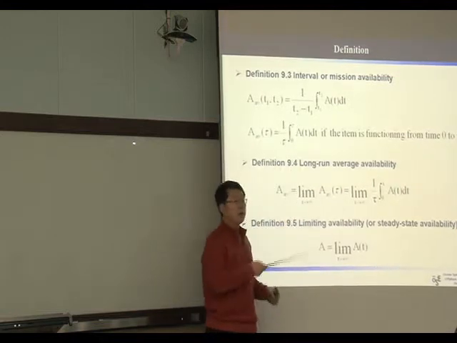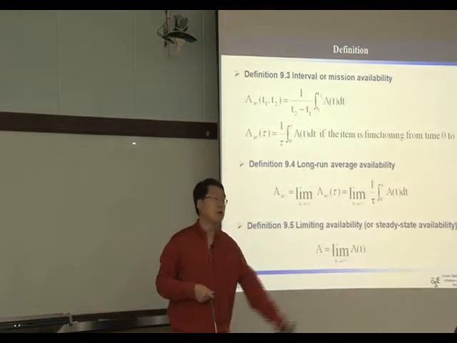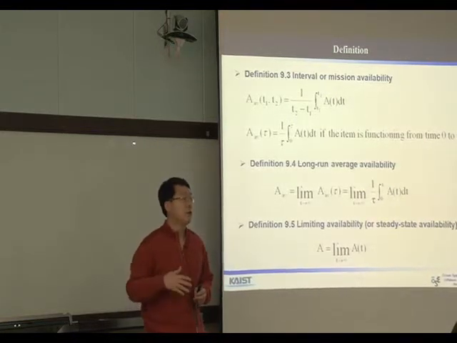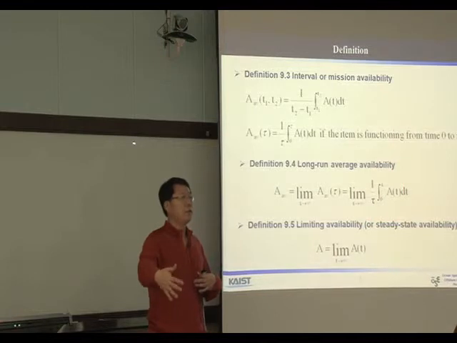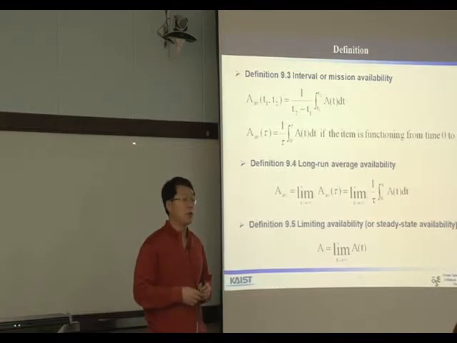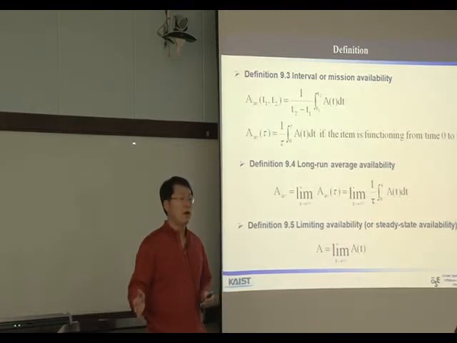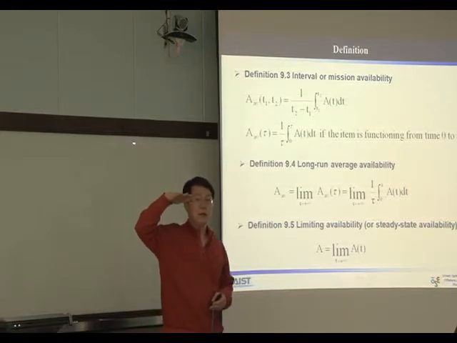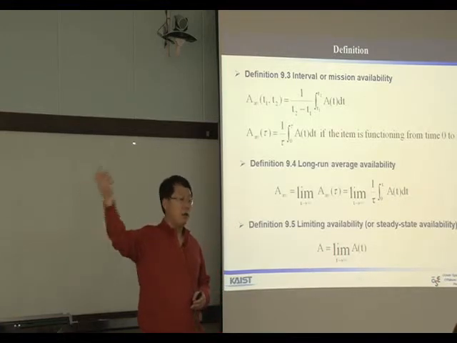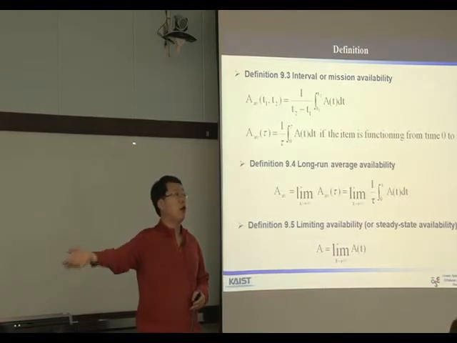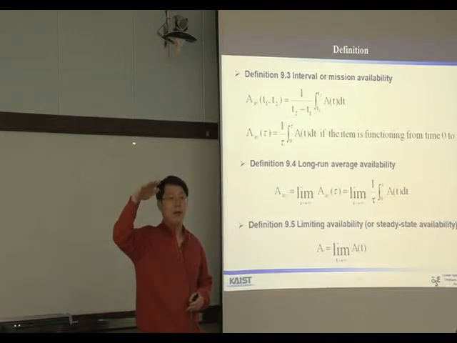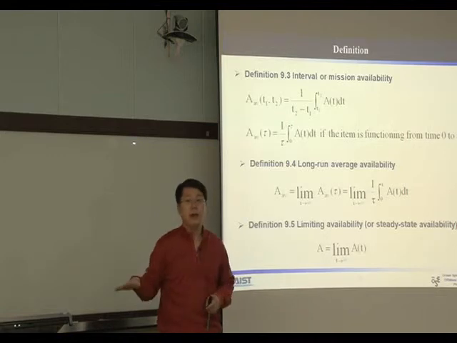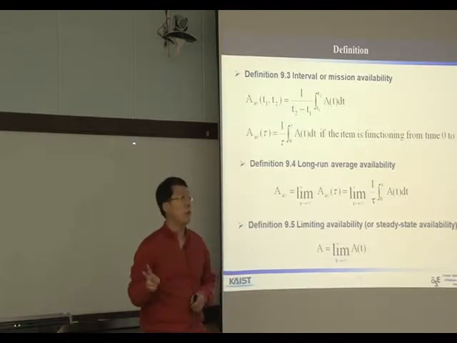This kind of availability is important for some systems which have a fixed interval. For example, consider a submarine. If the submarine is on the surface, it can take in air and charge the battery, then it can dive. Usually it can stay under the sea around 2 weeks.